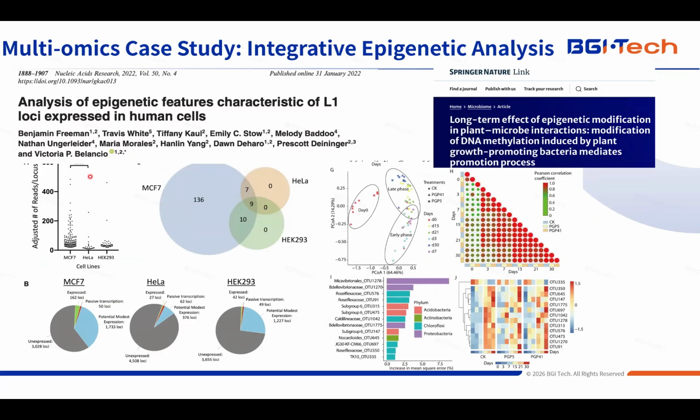Through the demethylation analysis, we can identify DMRs, their associated genes, and the genomic features where they are located, such as promoters, enhancers, and other regulatory regions.